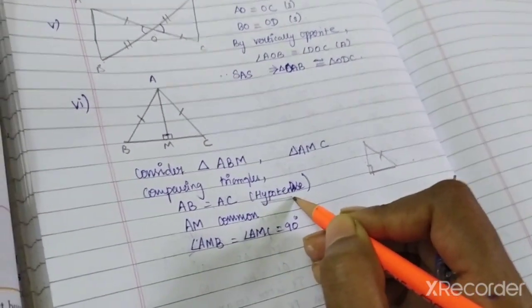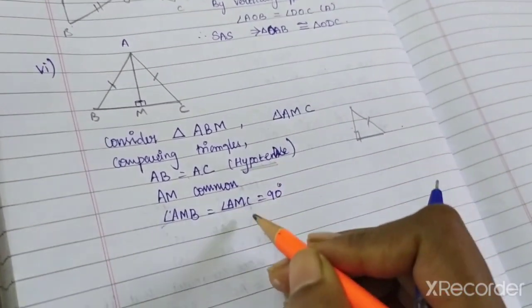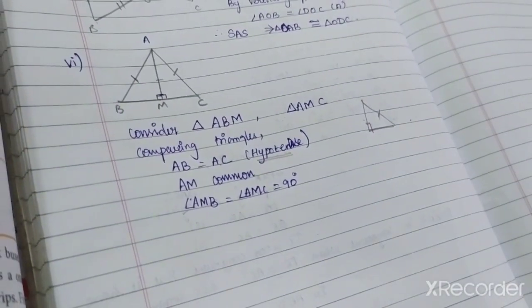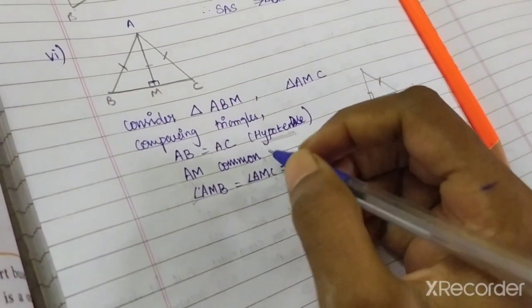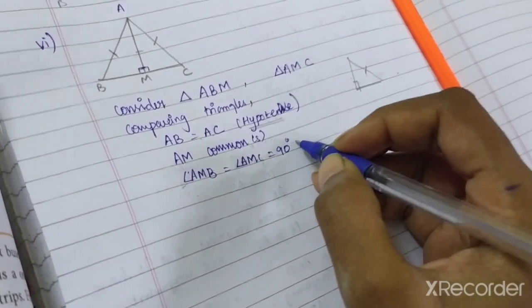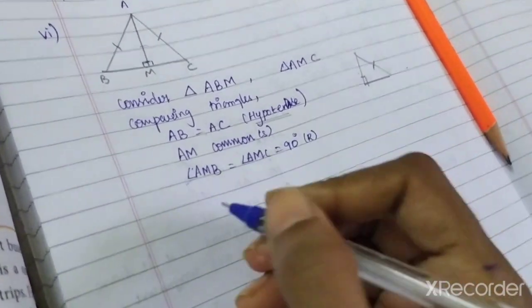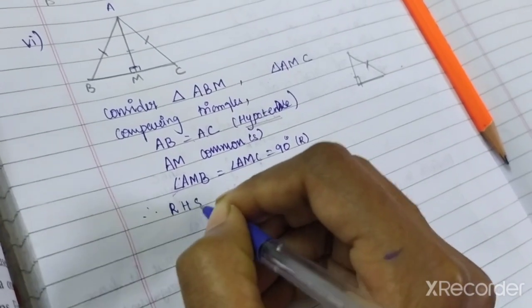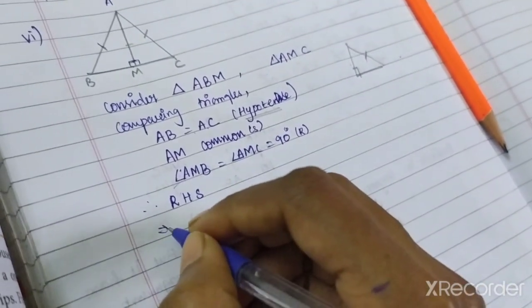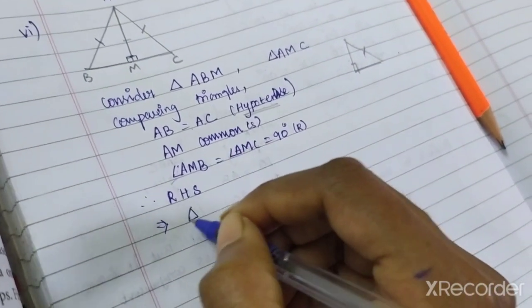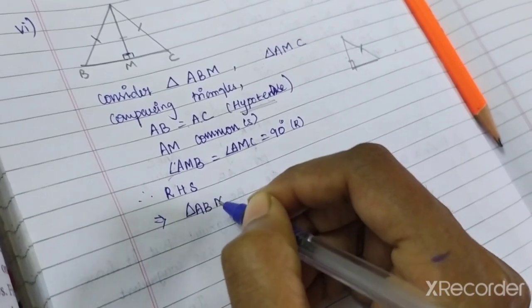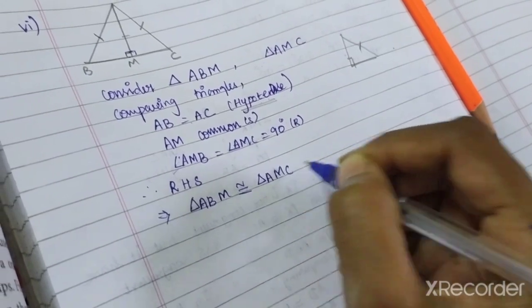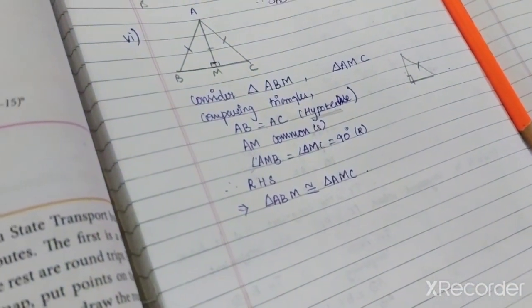So the hypotenuse is equal, I am having one angle and one side equal, right? So this is a right angle, 90 degrees. Therefore RHS. That implies triangle ABM is congruent to triangle AMC. Are you clear? That's it.